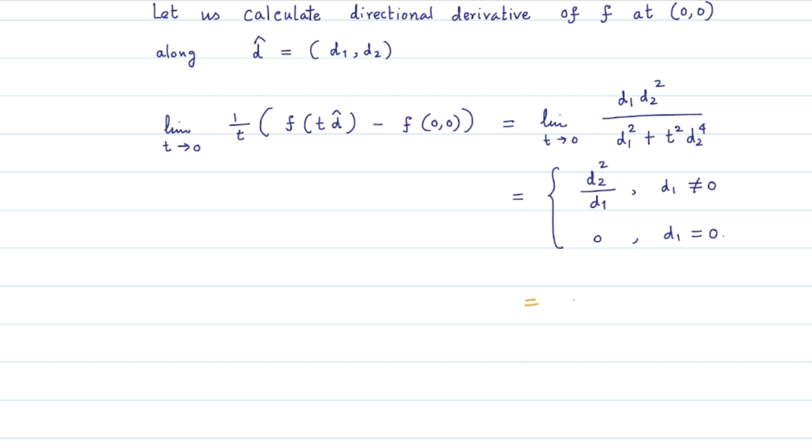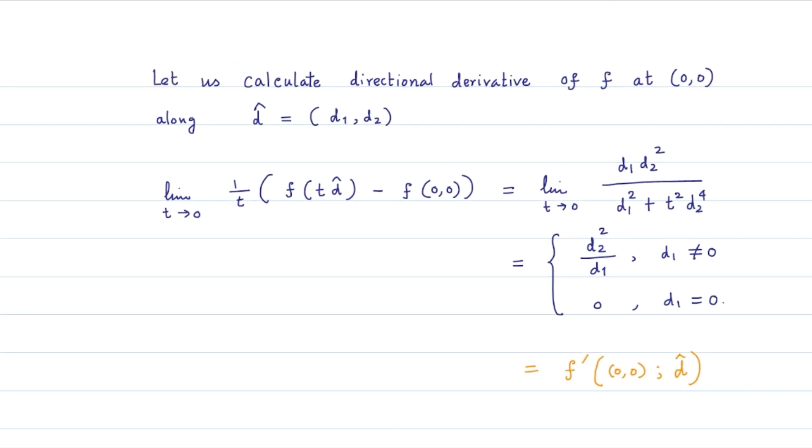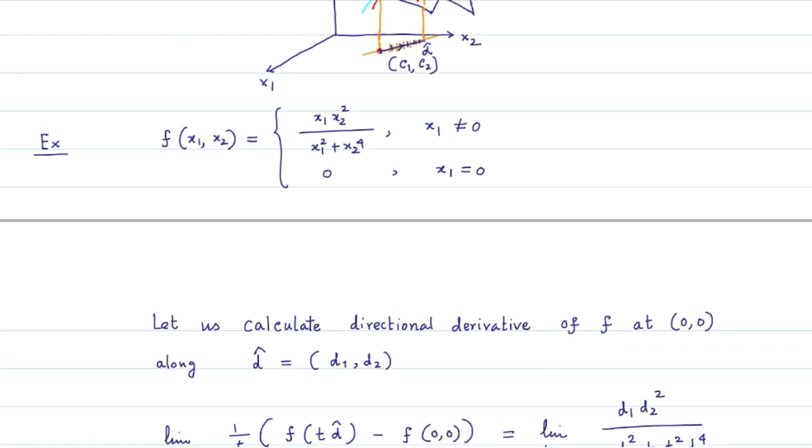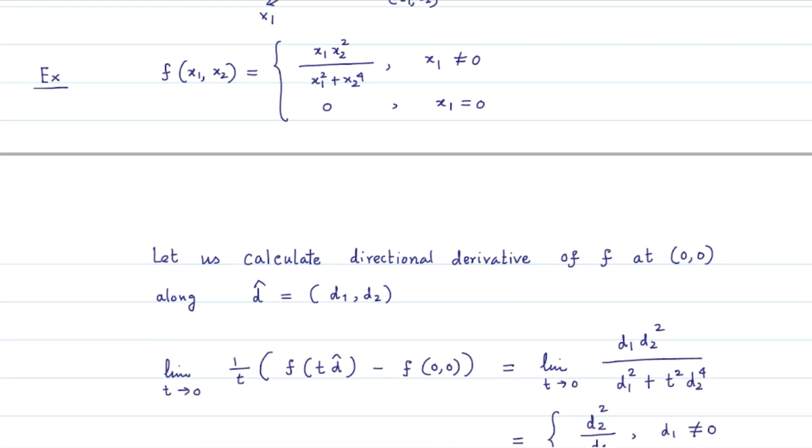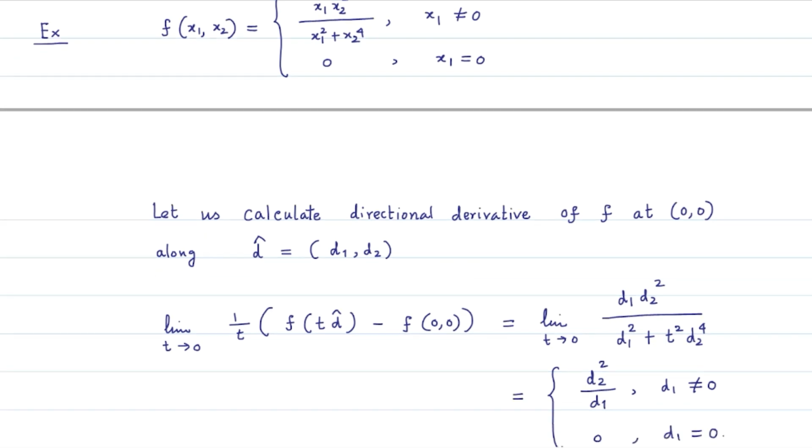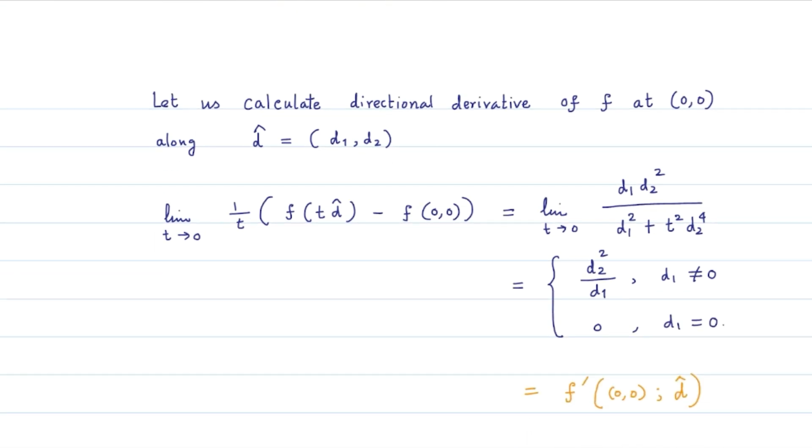And therefore this function f has a directional derivative at the origin along every possible direction d hat emanating from the origin. But we have seen that this function is still discontinuous at the point (0, 0), and therefore the existence of directional derivatives along every possible direction emanating from the point c does not necessarily imply the continuity of the function.